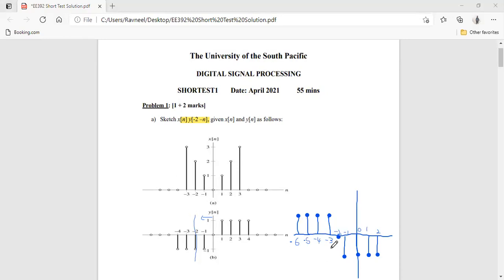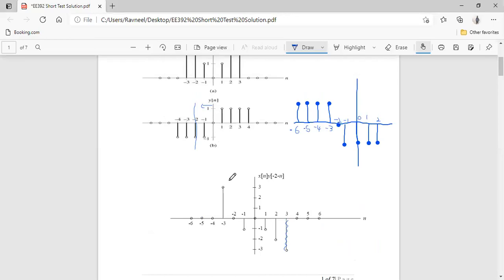At -3, we have a value of 1 for y of -2 minus n. And over here in the x of n graph, at -3, we have a value of 3. So 3 multiplied by 1 gives me 3. There you go, we get 3.